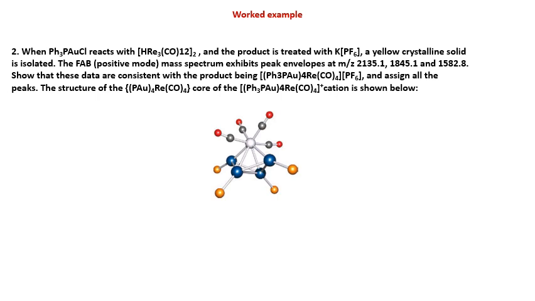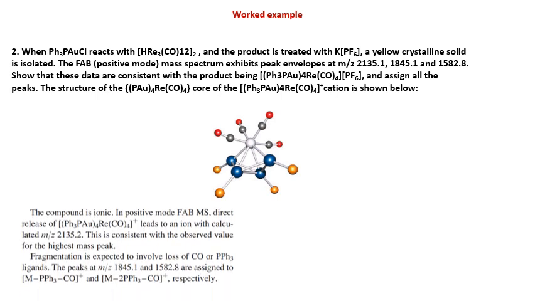Now if you analyze carefully, if you clip one carbonyl and one PPh3 group, because in the positive ion FAB mode it is very likely to lose one of the carbonyl or triphenylphosphine groups. So if you calculate one PPh3 and carbonyl group, you will get that 1845 peak.